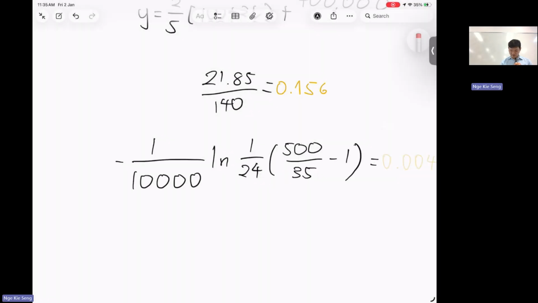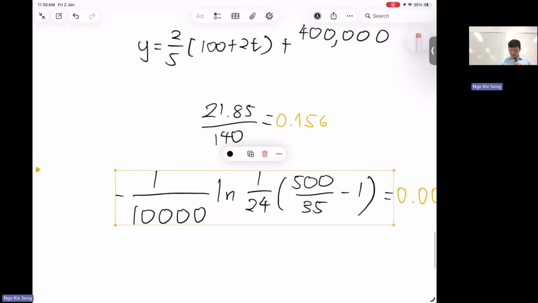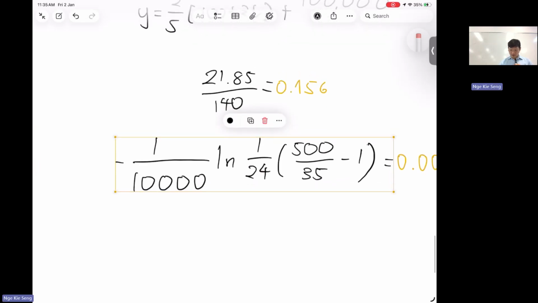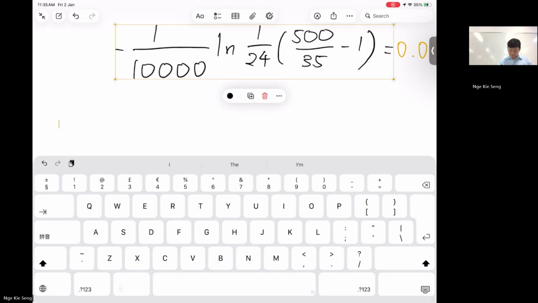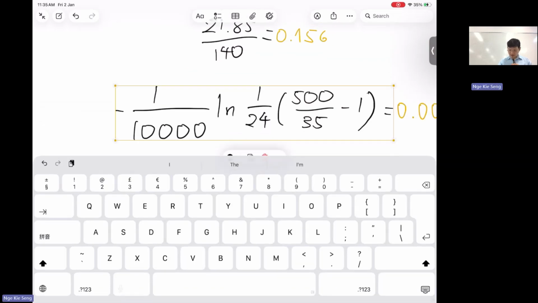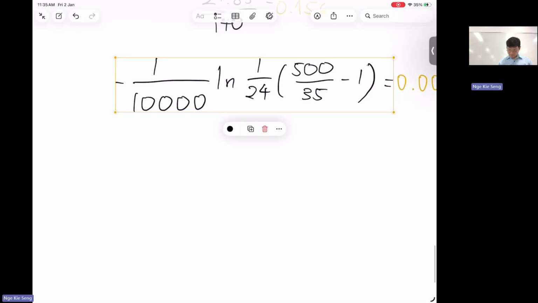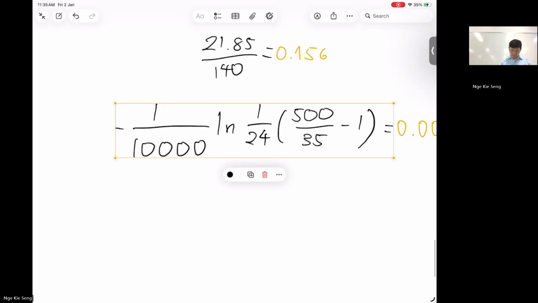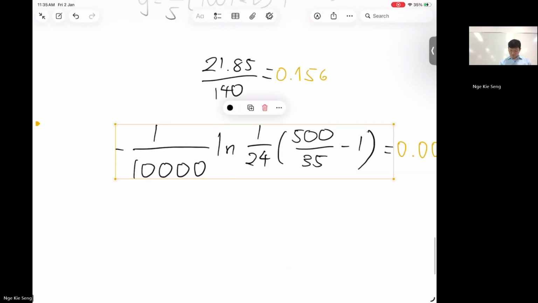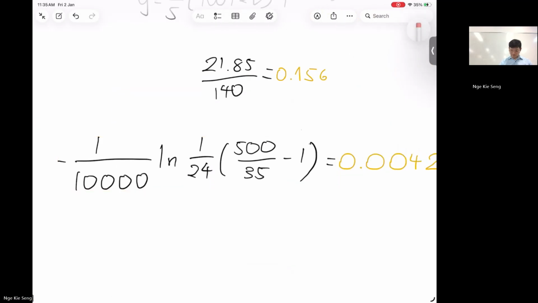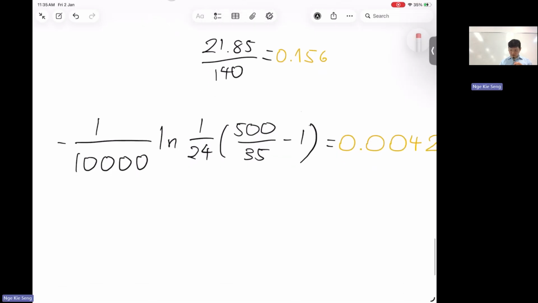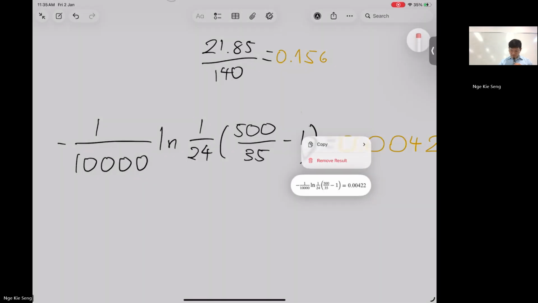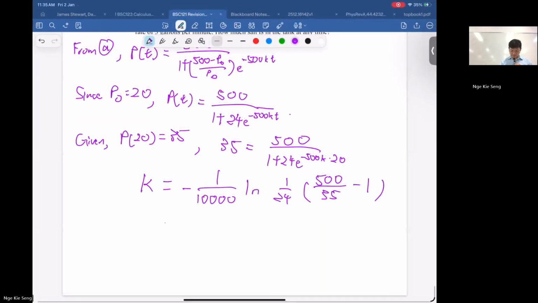Correct. So 0.00422? Is it? 0.00422. Okay.